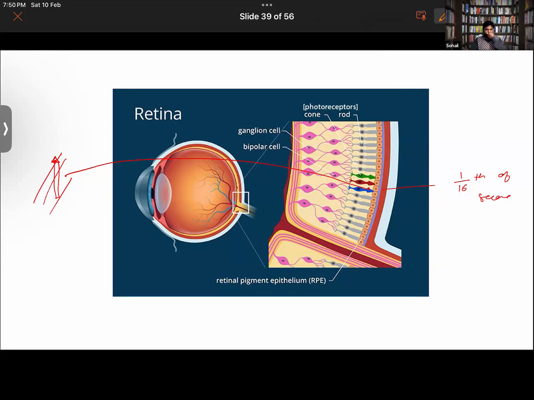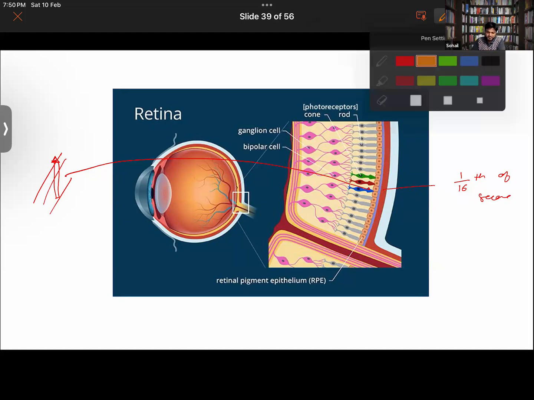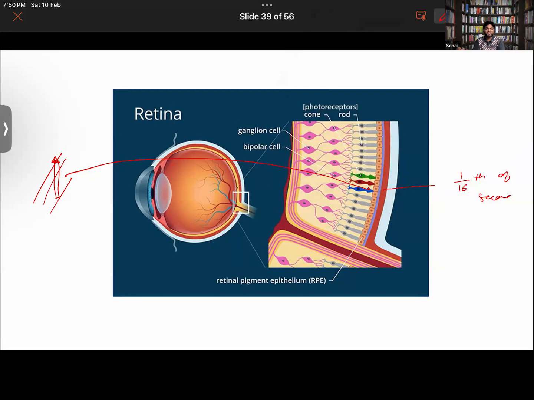Also, suppose the still pictures of moving objects are flashed in front of our eyes. For example, let's say I am taking some cards, which you might have seen also, like there's a person who is doing movement like this.